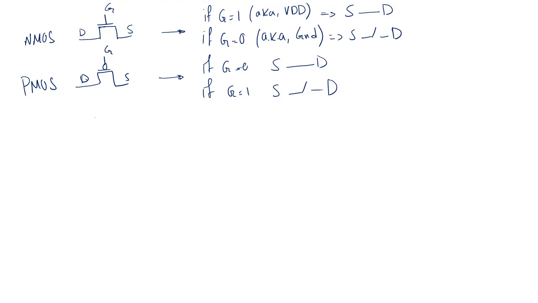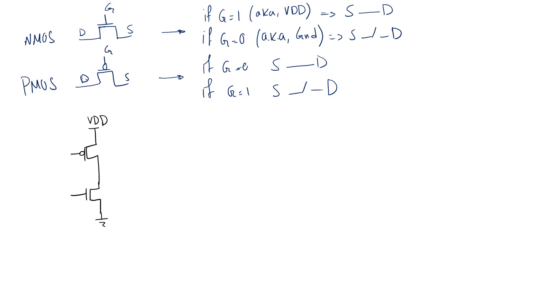So let's say that I have this PMOS transistor and this NMOS transistor, and I've connected, to be more exact, the PMOS transistor on one end to VDD, and the NMOS transistor is connected to ground, and the drain of NMOS and drain of PMOS are connected to each other.